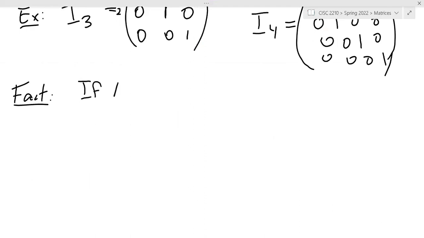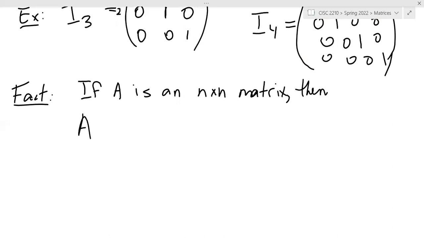Fact: if A is an n by n matrix, it could be any n by n matrix, then A times I sub n, in other words, any square matrix multiplied by the identity matrix of size n by n, is going to be equal to just A, and equivalently will be equal to I sub n times A. So here is a case where the order of multiplication doesn't matter.